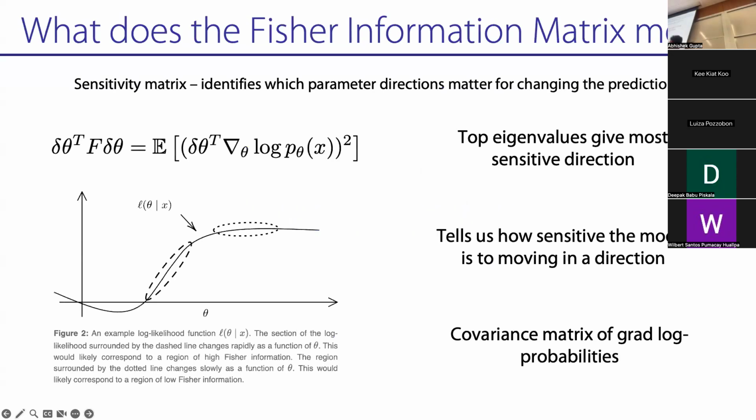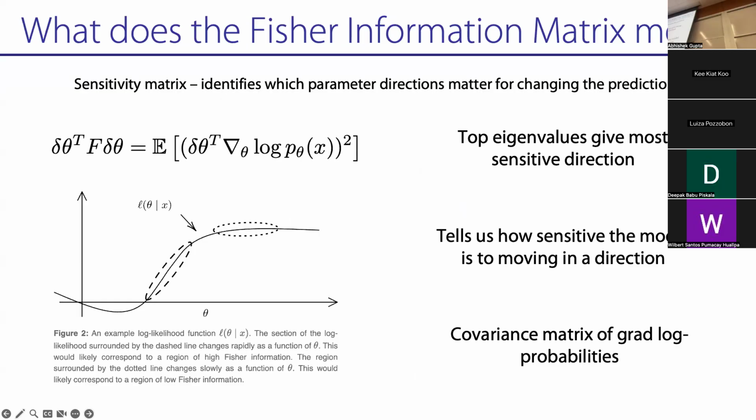Nope. Okay, so first thing is, I think Harini asked last time, what does the Fisher information mean, right? I think it's useful to think about Fisher information as basically a sensitivity matrix. It's telling you how sensitive your likelihood is to particular directions in parameter space, right?